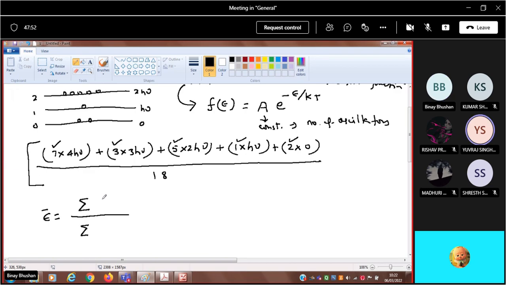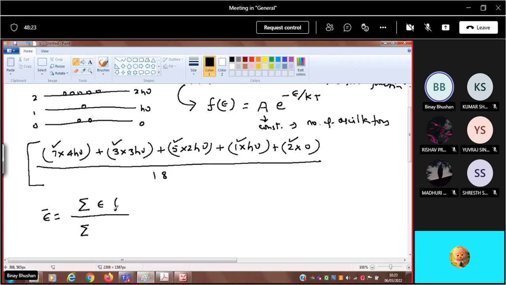Sir, I think summation because energy is not continuous. Very good. We are working with discrete values. So what this will be? बस इसके पैटर्न पर मुझे लिखना है. 4hν, 3hν, 2hν, hν, 0. These are the energies of an oscillator, and 7, 3, 5, 1, 2 are the number of oscillators.